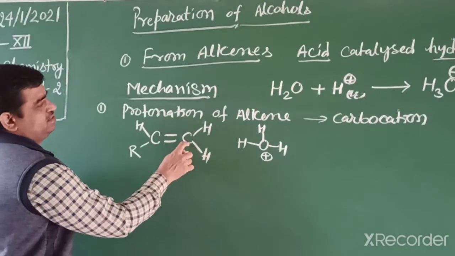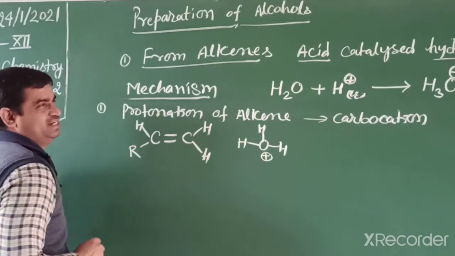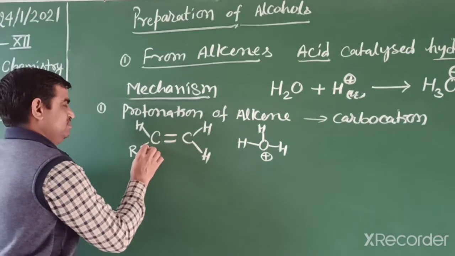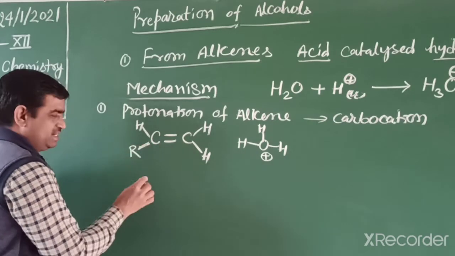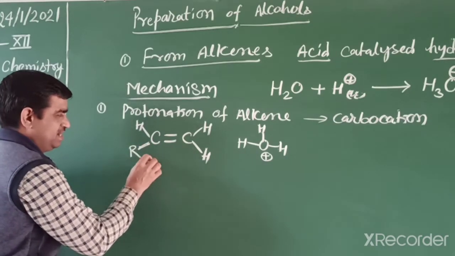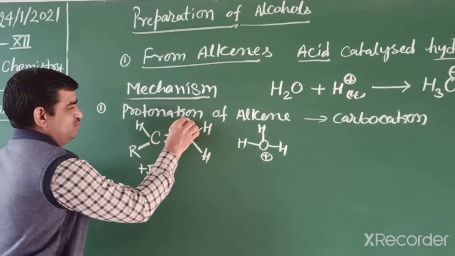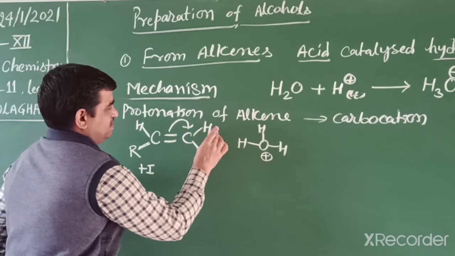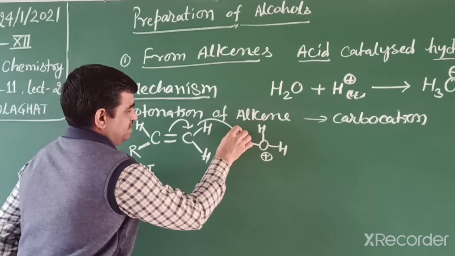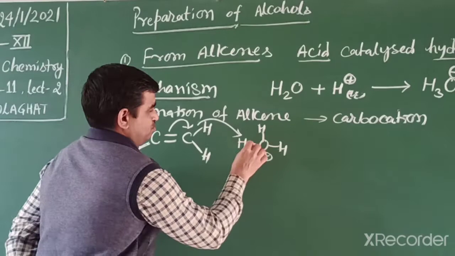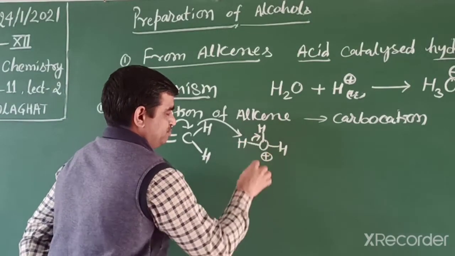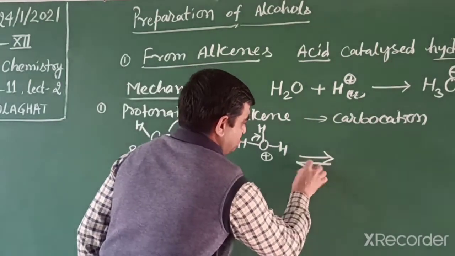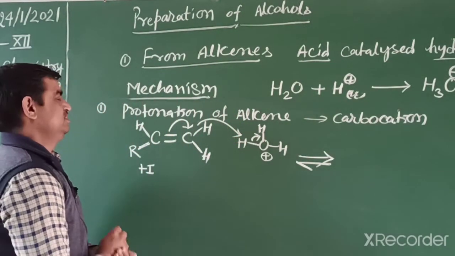Which carbon? The first carbon. Why? Because this carbon is more electron rich, due to the inductive effect, plus I. It repels electrons, so the pi electrons come towards this carbon, and then this pi electron is attacked by this hydrogen, so the water molecule is released and we get a carbocation. We represent this as a reversible reaction.